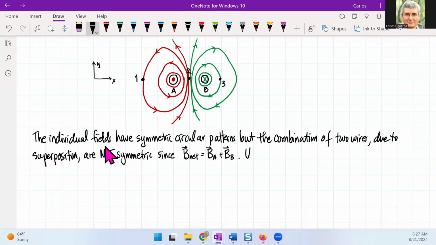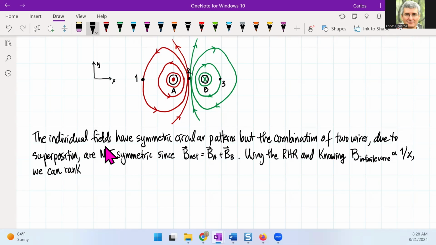So now, using the right-hand rule and knowing that the field of an infinite wire is proportional to 1 over x, we can rank the magnitude of the fields by looking at the field pattern.